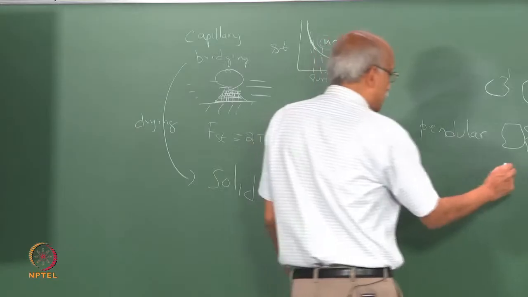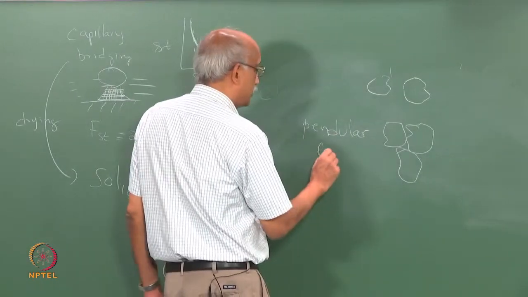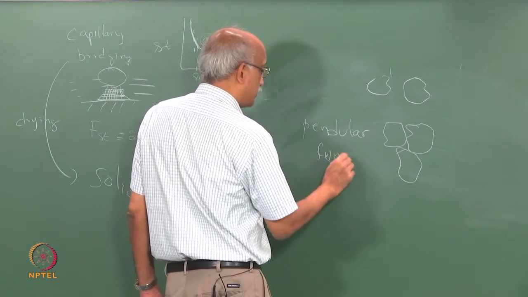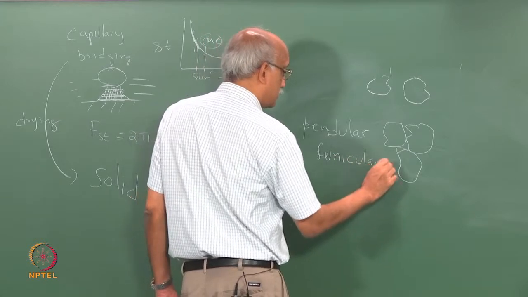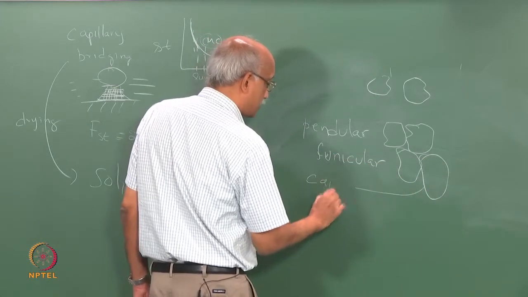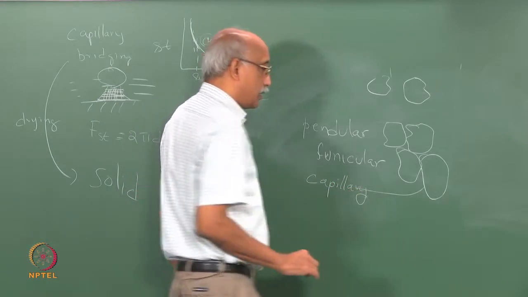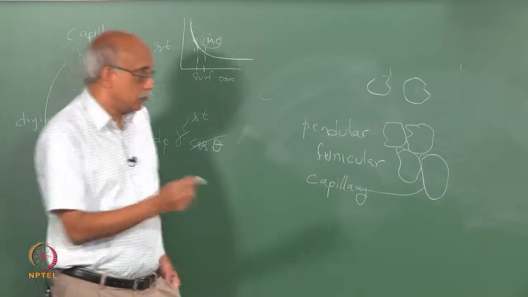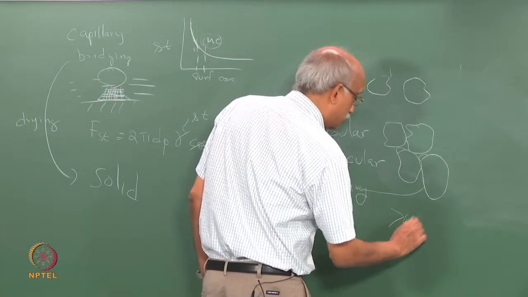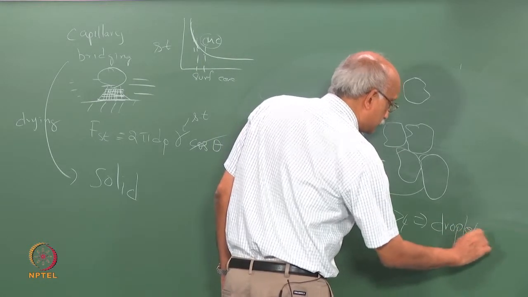The next stage is that you add one more particle, and this is called the funicular stage, F-U-N-I-C-U-L-A-R. The next stage is you add a fourth particle, and this is called the capillary stage. And then once the number exceeds 4, that is called the droplet stage of cohesion.